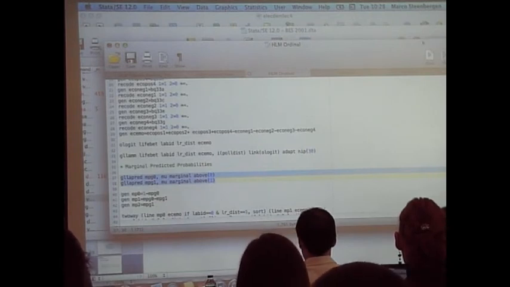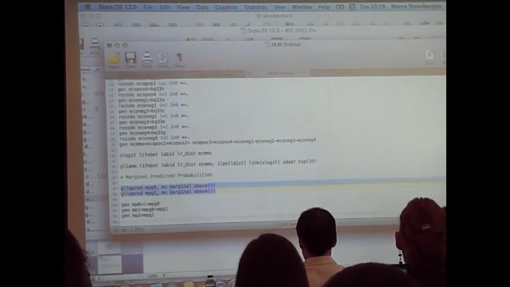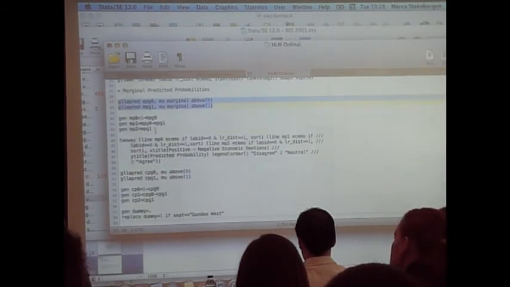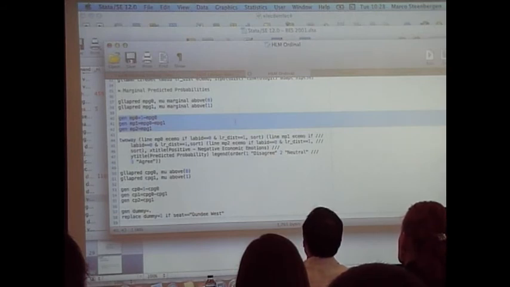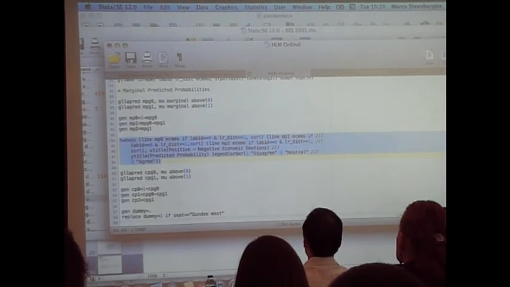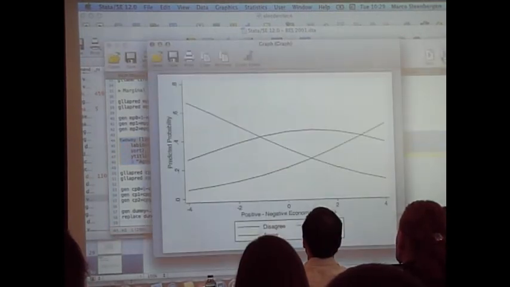And then that has run. Then here I convert these into predicted probabilities for the actual categories that I'm interested in. So just the way I described it. And then here is the graph that gives you the pattern.